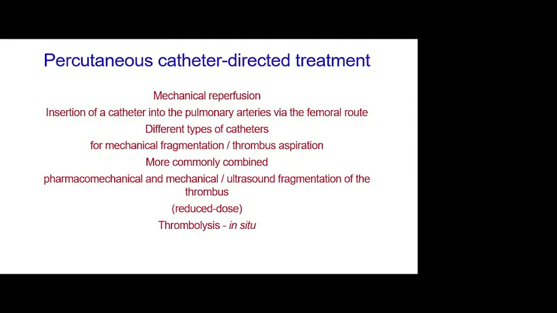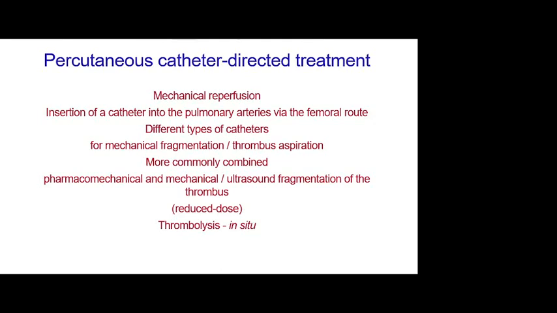Then, as I mentioned, percutaneous catheter-directed treatment. It is called mechanical reperfusion. We can access the pulmonary artery through the femoral vein to the IVC, to the right atrium, to the right ventricle and to the pulmonary artery. Then we can fragment the thrombus and aspirate if possible. But the most promising thing is we can use a catheter and give a thrombolytic agent in situ.